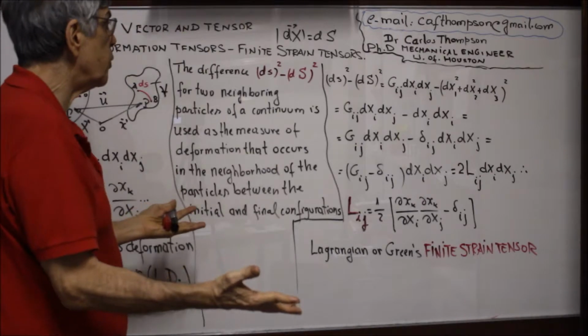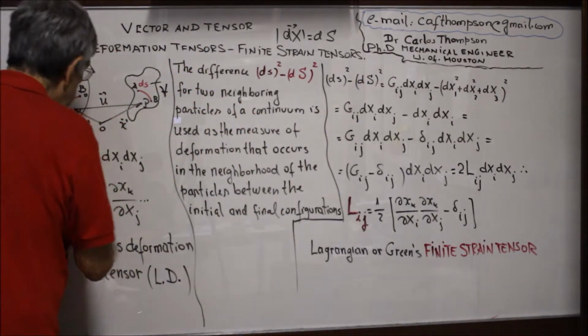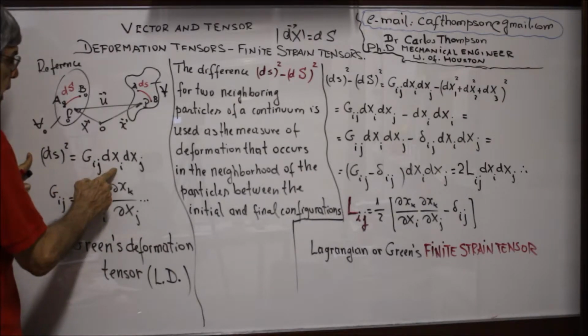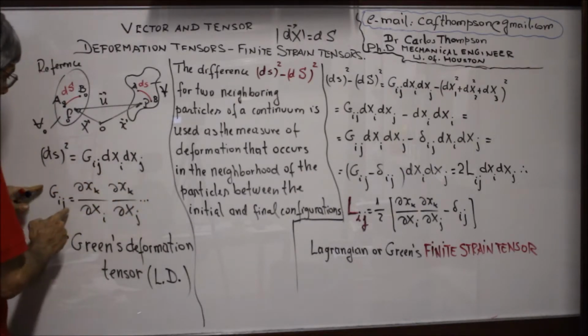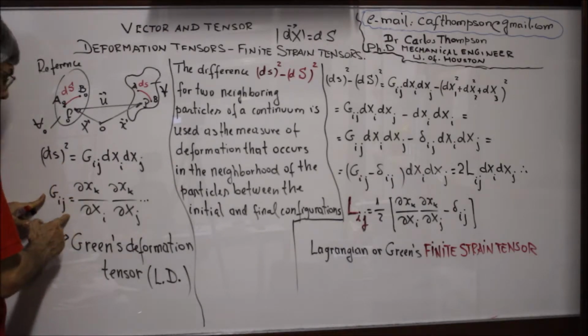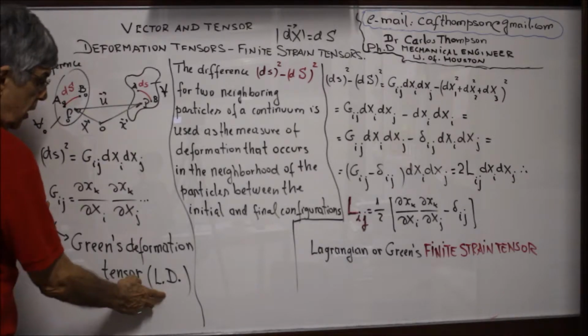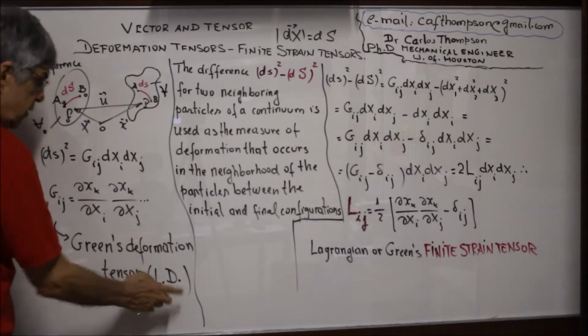Just easy manipulation. ds squared is gij dxi dxj. Now gij is a component of a second order tensor called Green's deformation tensor. Don't forget Lagrangian description.